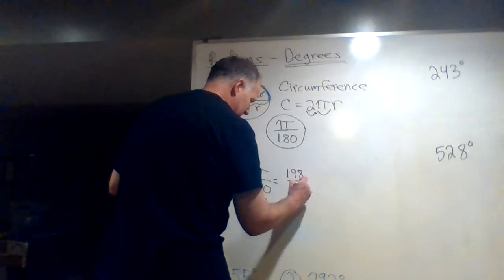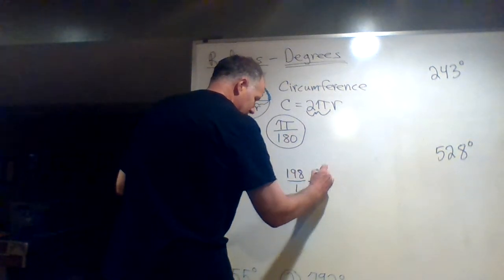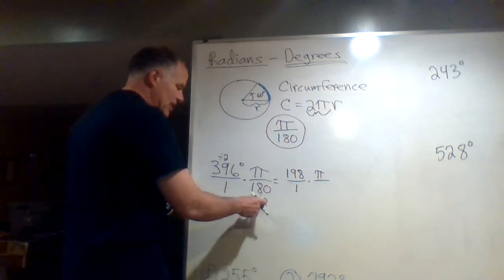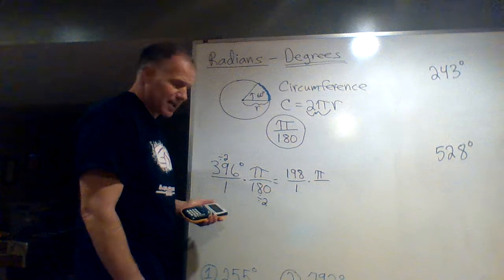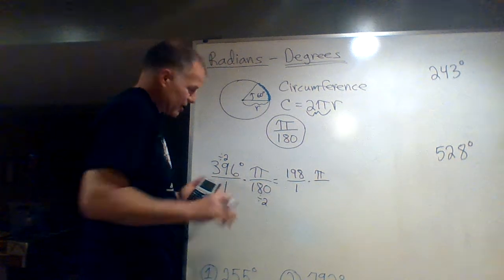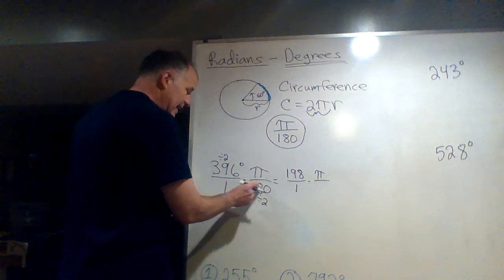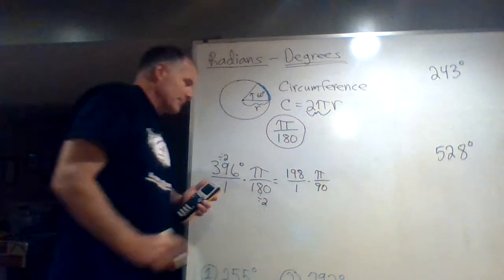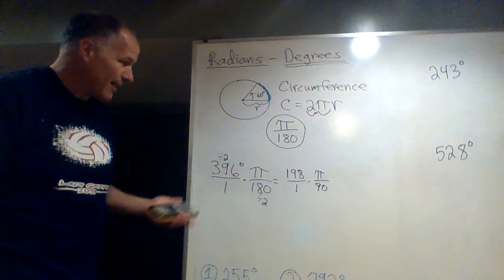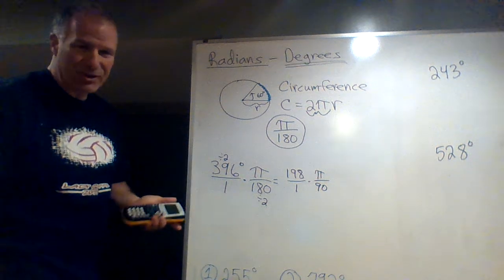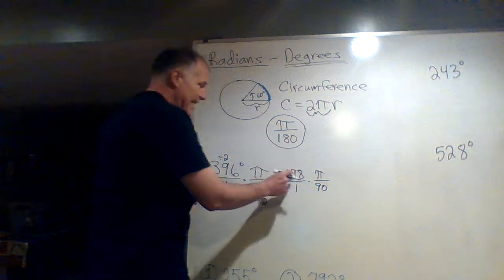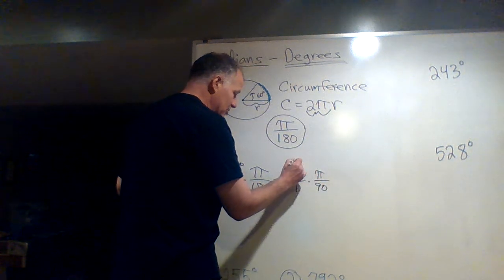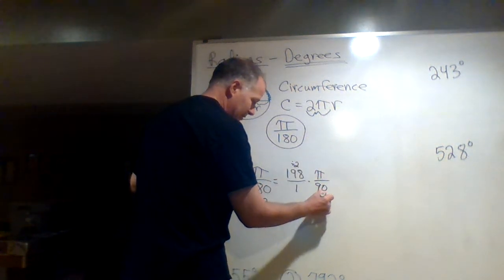So 198 over 1 times pi over 180 divided by 2. I can do this kind of in my head, but you can use your calculator. 180 divided by 2, you get 90. It's okay to take your time. 198 is an even number, 90 is an even number, so I can divide by 2 again.